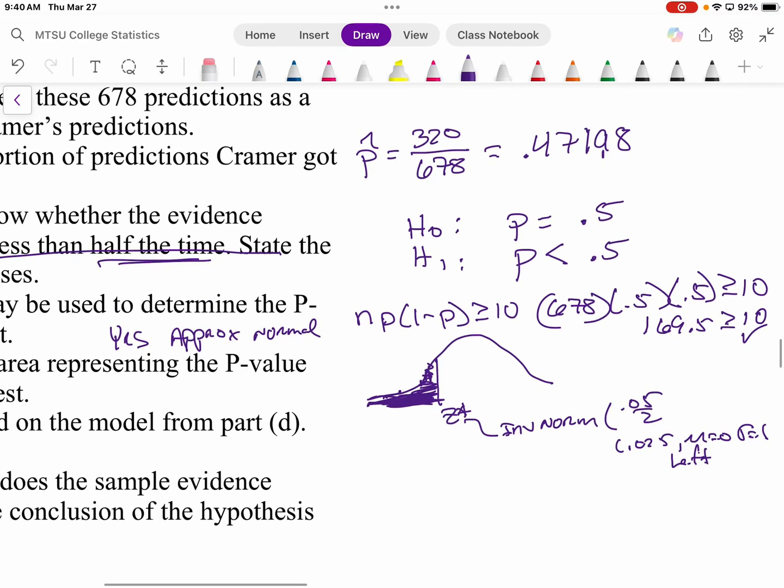So real quickly, second vars, inverse norm, 0.025, 0, 1, left tail, and I get that my z star for my critical value there is negative 1.9599, so we'll just say negative 1.96. So any z statistic less than negative 1.96 puts me in the reject the null hypothesis region. So there's our z star.